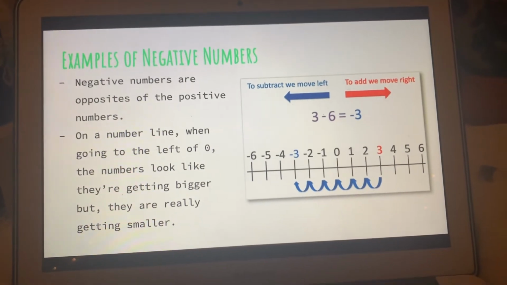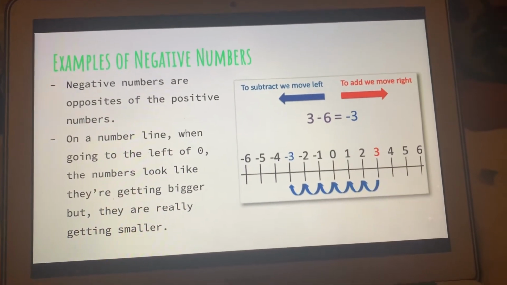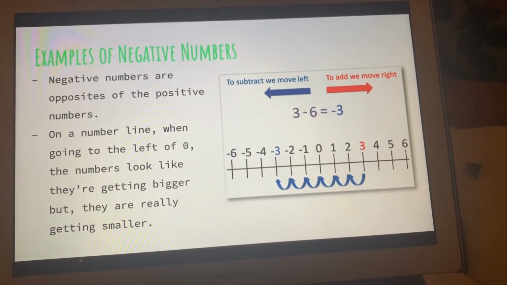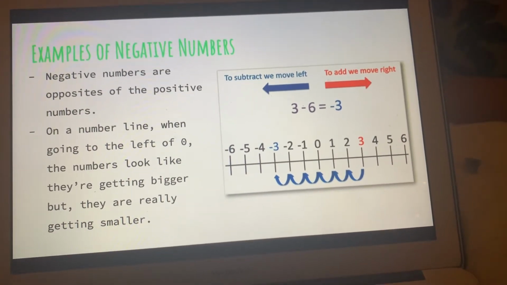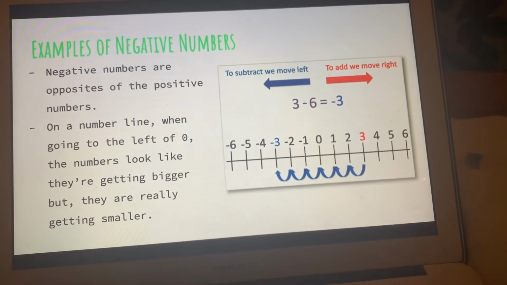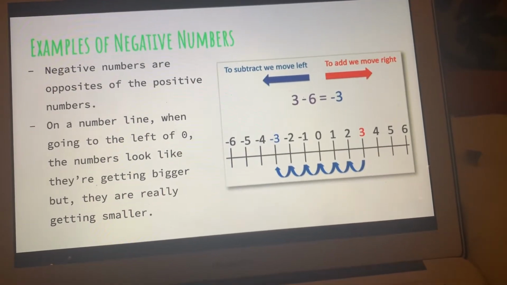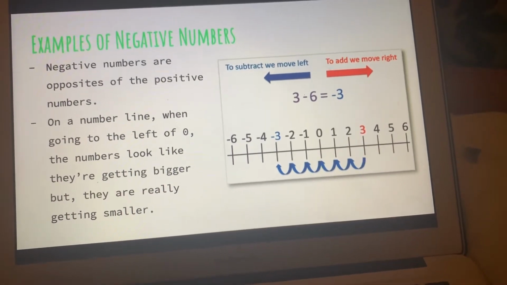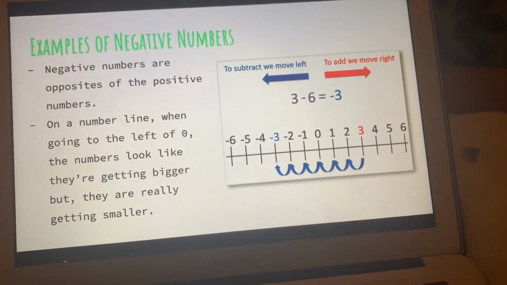Examples of negative numbers. Negative numbers are technically opposites of positive numbers, which we saw in the previous slide. On a number line, when going to the left of 0, the numbers look like they're getting bigger, but they are really getting smaller.